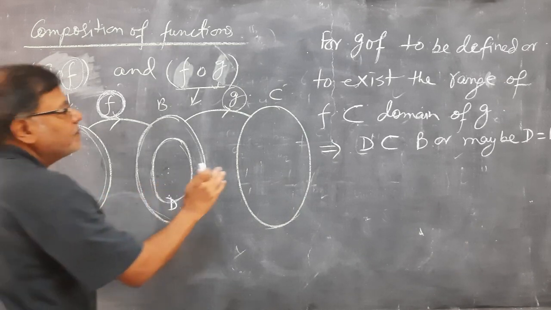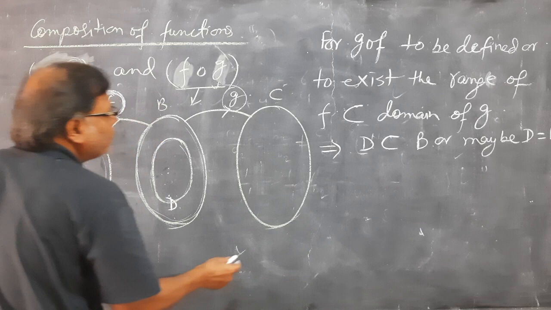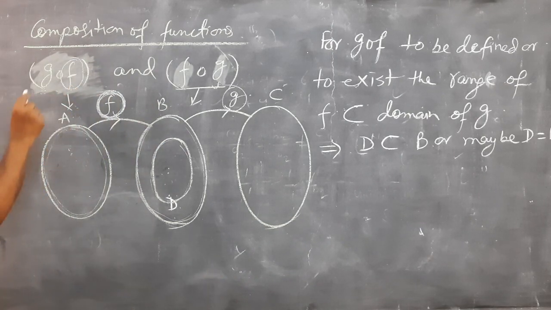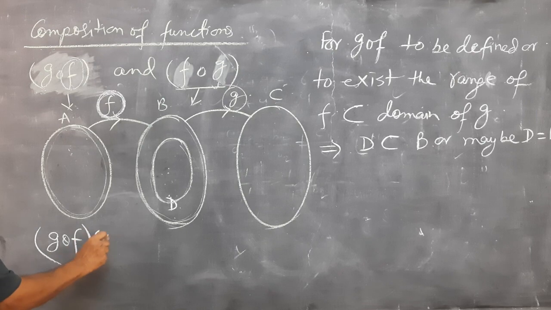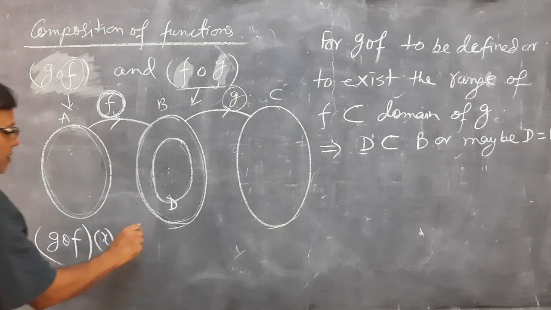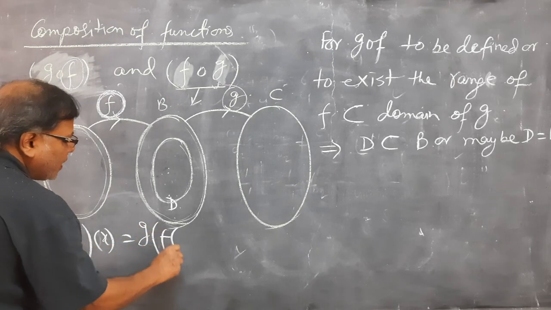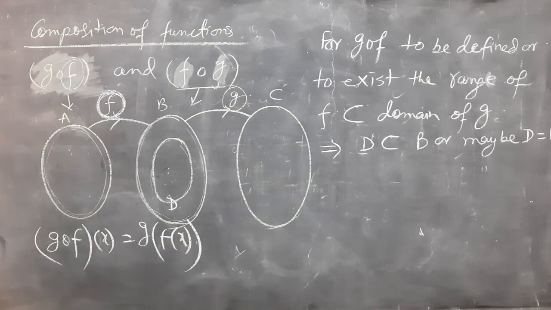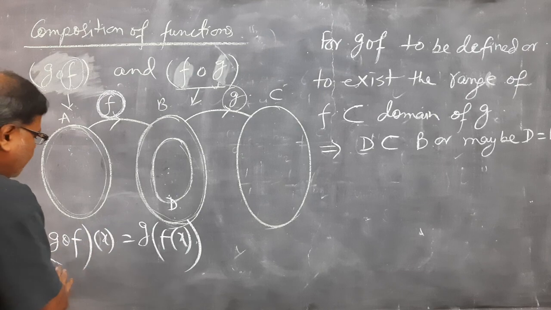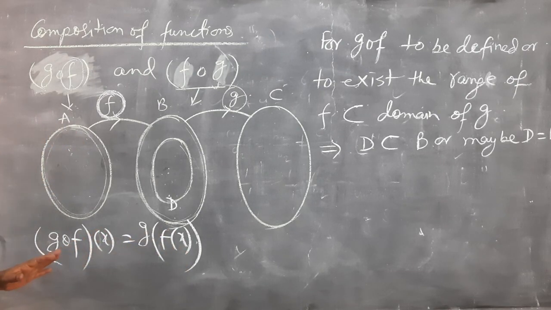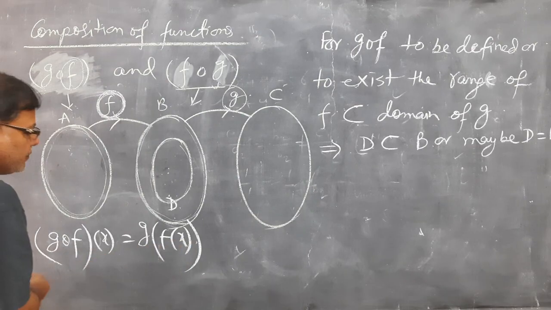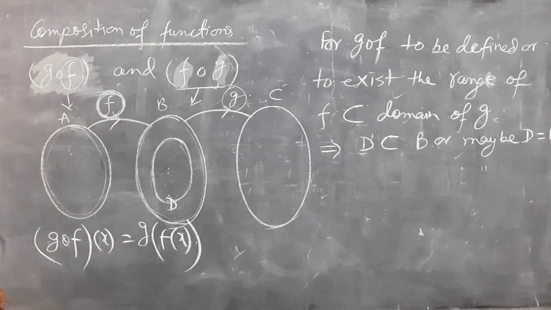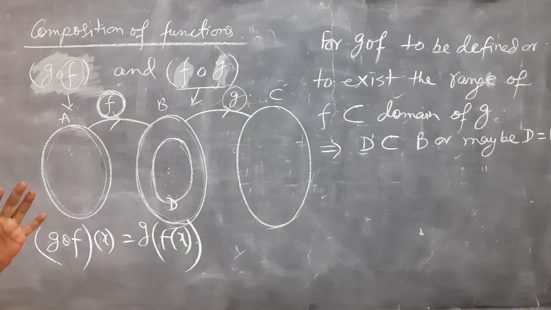This is the meaning of composition of functions. If I am writing (gof)(x), then it will be written as g(f(x)). For the time being, just focus on this. I will explain through an example what this means and how it is obtained. Till this point I think it is clear to all.